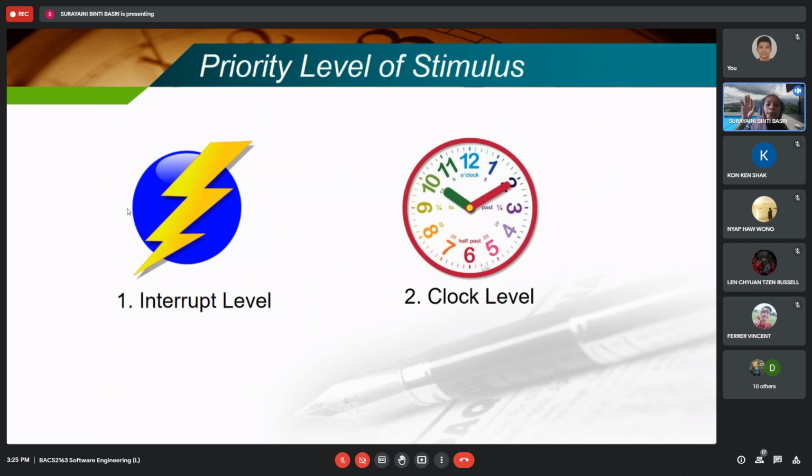The response that is still ongoing for that periodic stimulus will be put on hold or paused first, and then it will serve the stimulus from that interrupt.